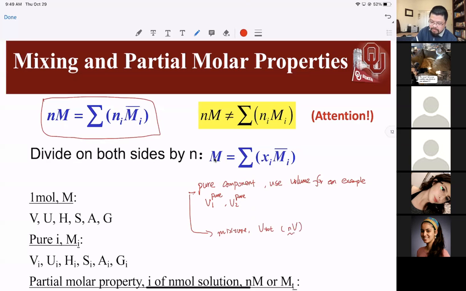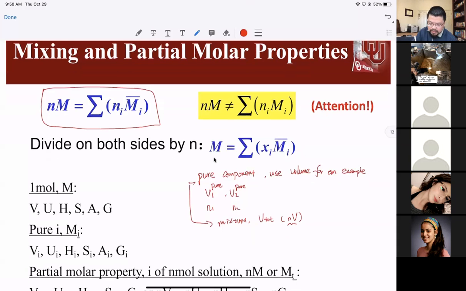So this is simply to remind myself that I'm going to have a mixture, and that volume of the mixture will be expressed by this symbol. So if I have the pure components of 1 and 2, I'm going to add the number of moles N1, number of moles N2.